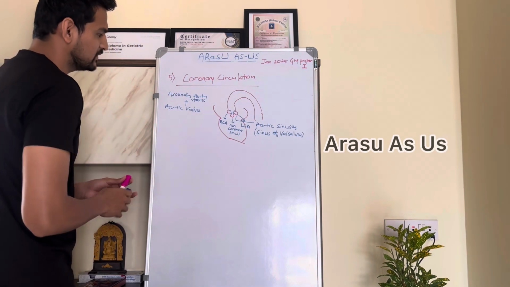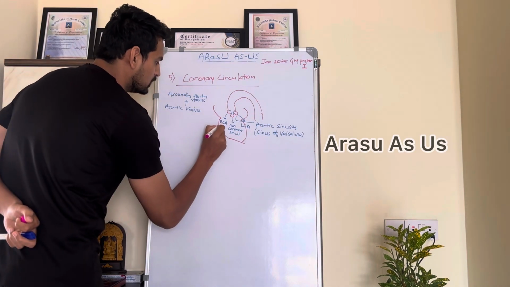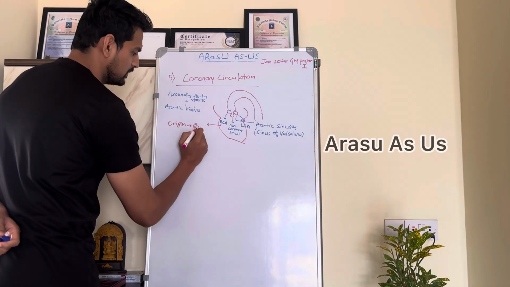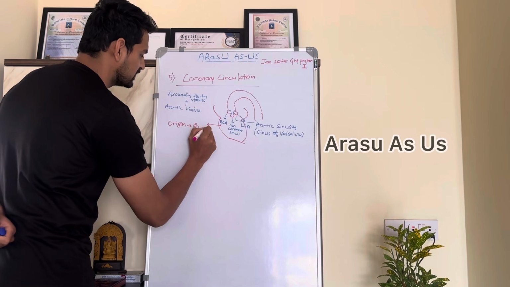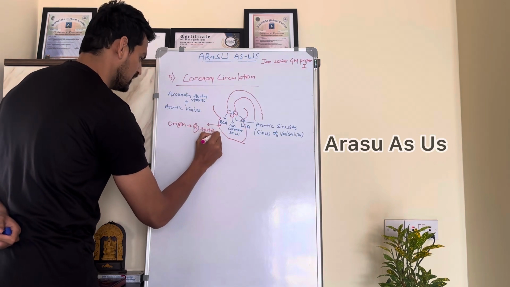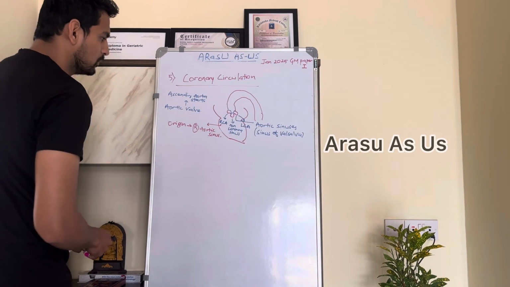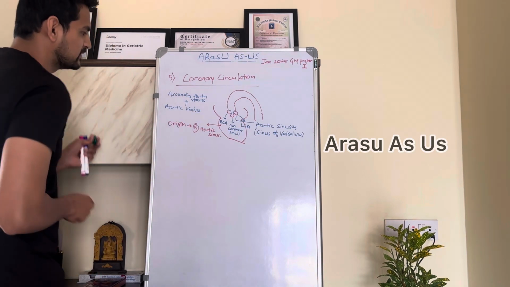So we will discuss each one of these now. Now coming to the right coronary artery, we got to know that the origin is from the right aortic sinus. After its origin, the course will be like this.